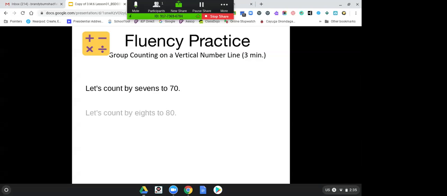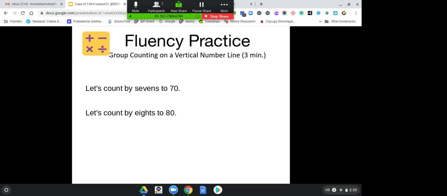Okay, next one, take a minute, count by 8s to 80. Go ahead and try it right on your paper. And if you need more time, you should have a pause button that you could use.